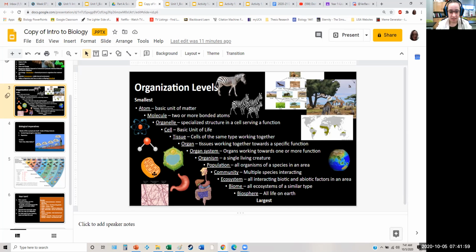This is an example of an organelle, which is a mitochondria. It's the powerhouse of the cell.